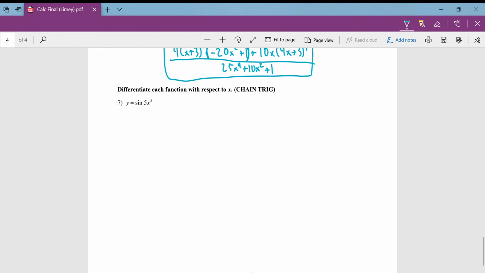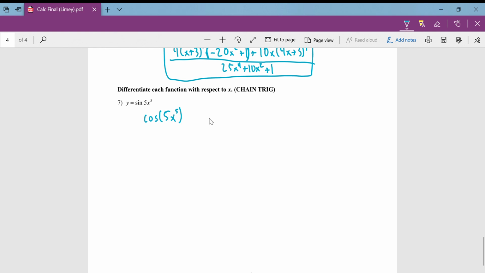Sine times 5x to the fifth. So for this, the sine actually just becomes a cosine, and that is how you get that.